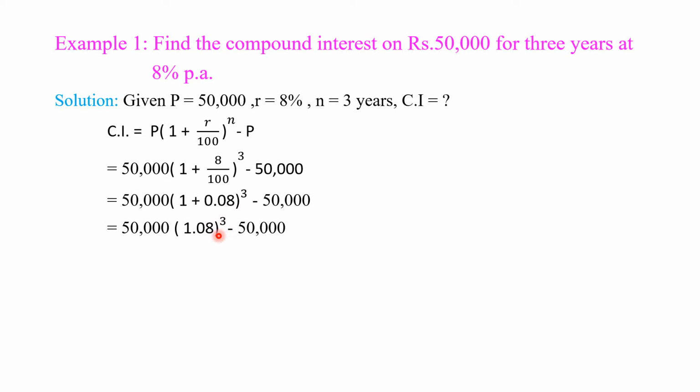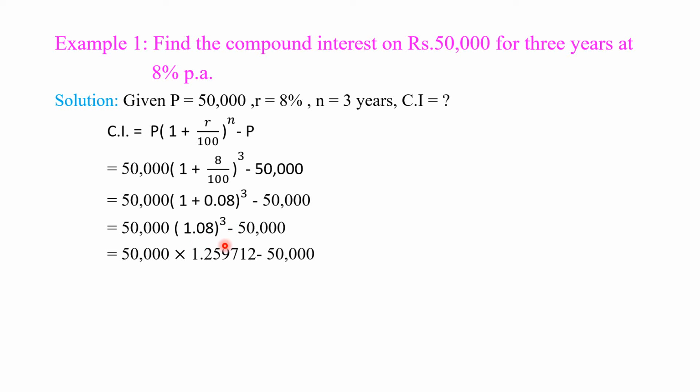1.08 raised to 3 is equal to 1.08 into 1.08 into 1.08, and we get the answer 1.259712. You have to use a scientific calculator for this equation, 1.08 raised to 3.